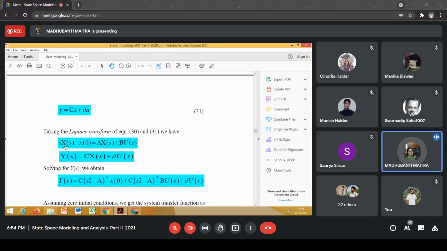So in the left hand side, we'll get (sI minus A) into X(s), where I is the identity matrix having the dimension n by n, and in the right hand side, we'll have the terms x(0) plus BU(s).